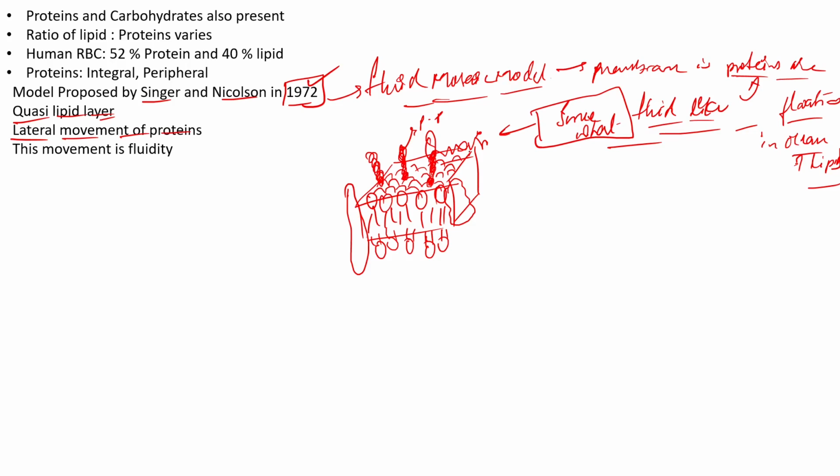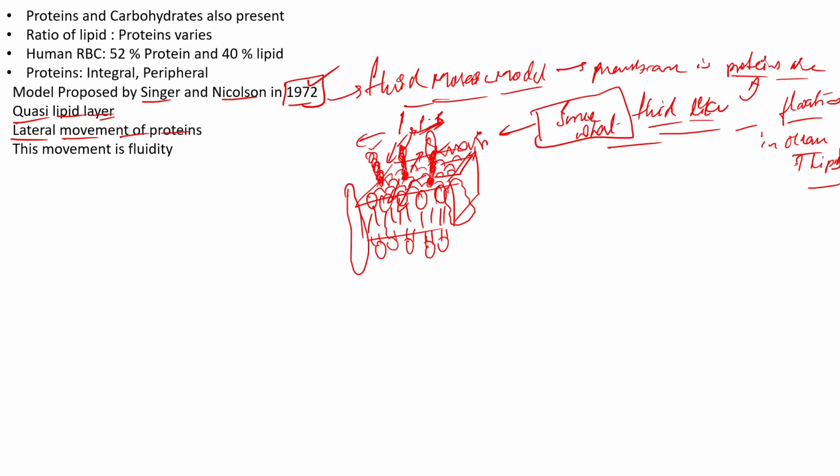Anyway, these peripheral proteins I have drawn over here can show lateral movement. Lateral means sideways, in this way, or this way, or this way. It is called the lateral movement of the proteins.